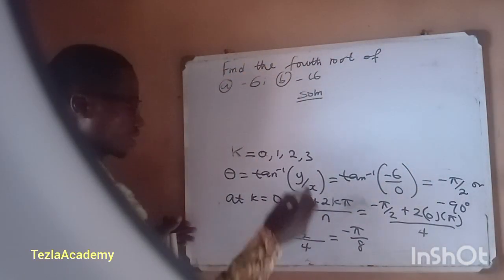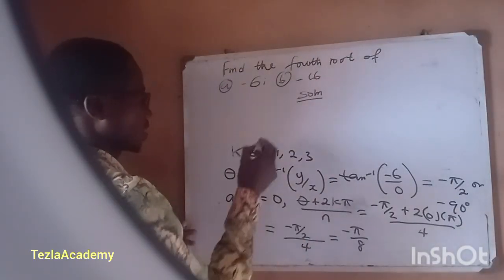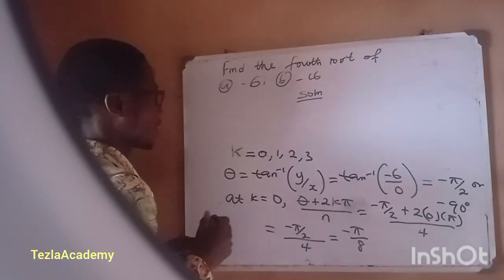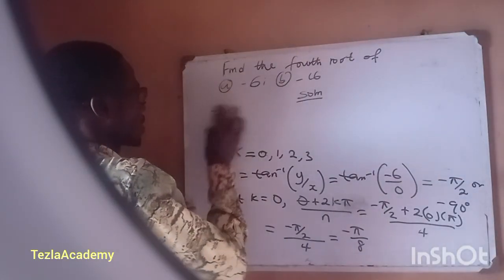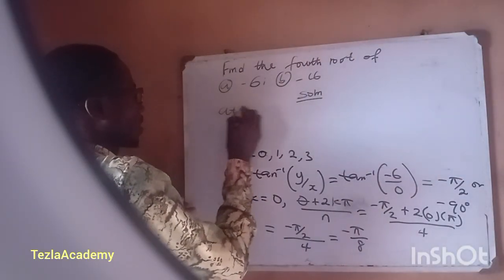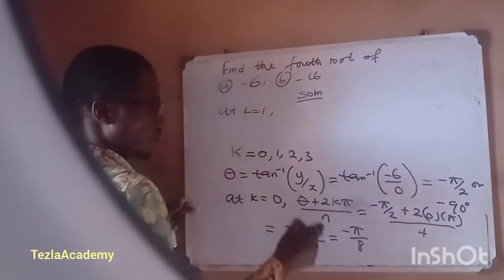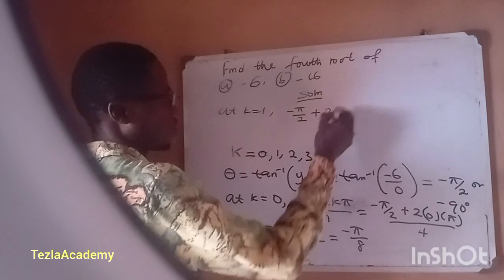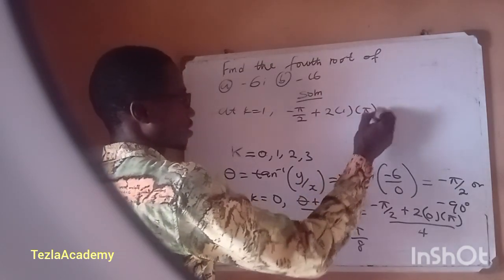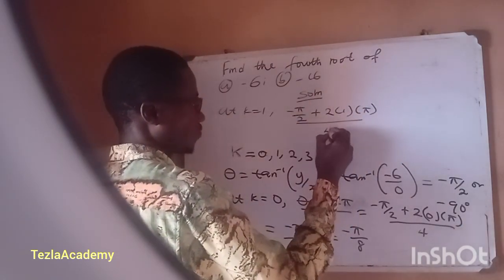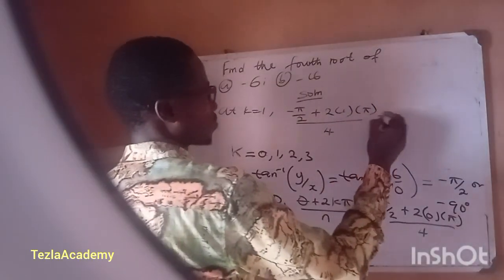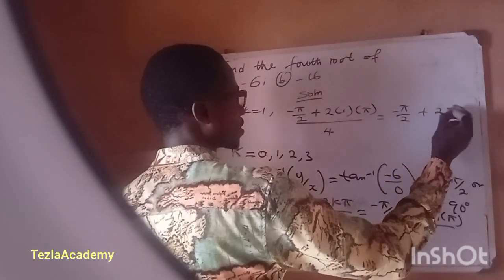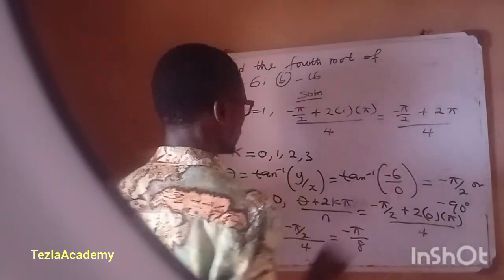So when k equals 1, we have theta as minus pi over 2 plus 2 times k, now 1, times pi all over 4. And this equals minus pi over 2 plus 2 pi all over 4.